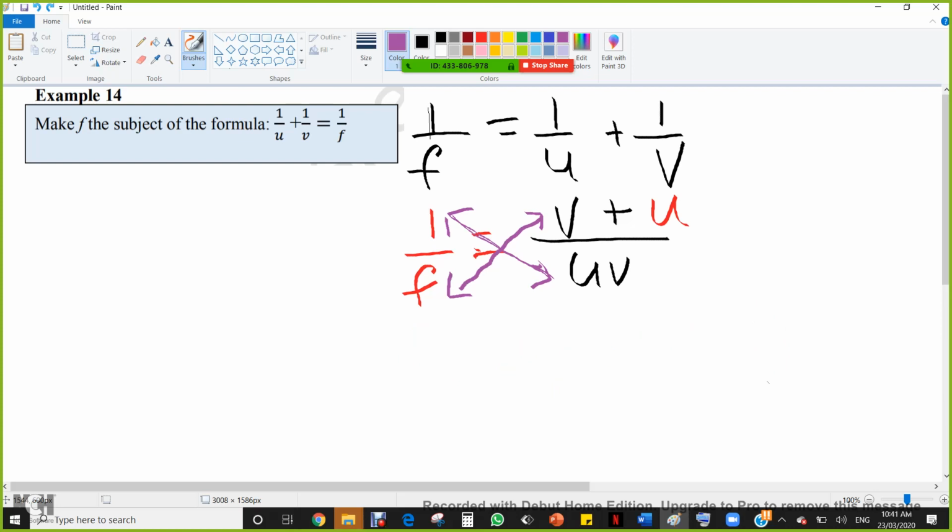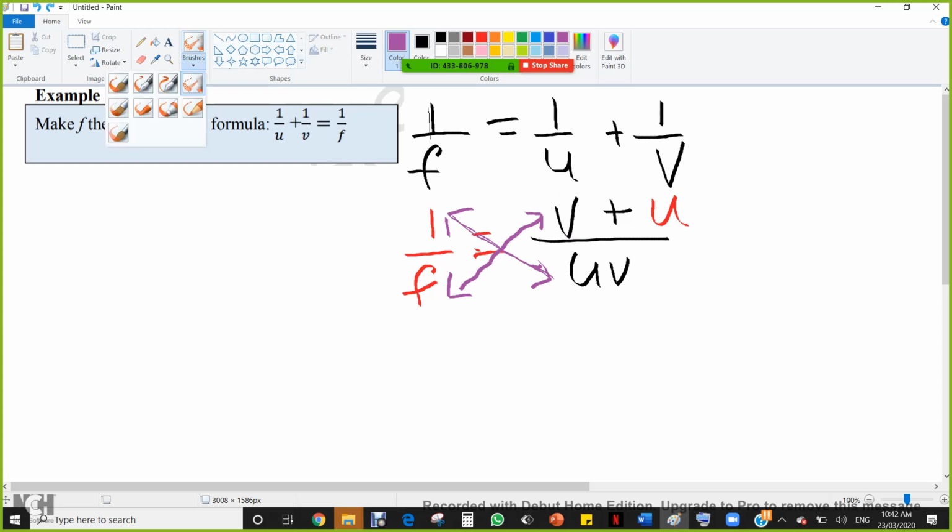So all I'm doing is taking this f and multiplying it by everything on top here. You follow? That's the purpose of cross multiplication, right?